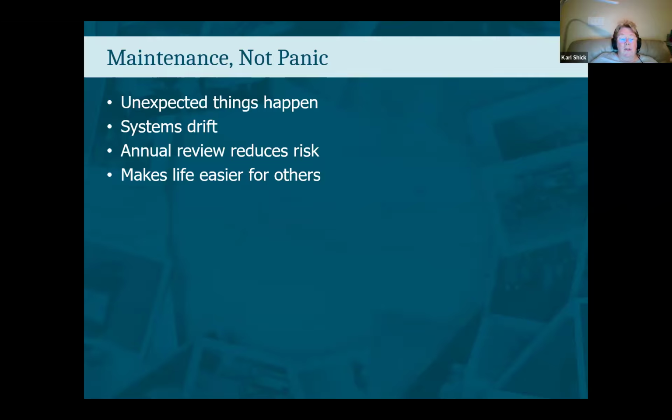So doing this periodically is really helpful, and keeping it in view so that you can recognize, oh, I could take another step working on this here. And that makes life easier for others, as we've all acknowledged, because it's not just for our convenience, we're also looking at legacy and how other people access things that we have.